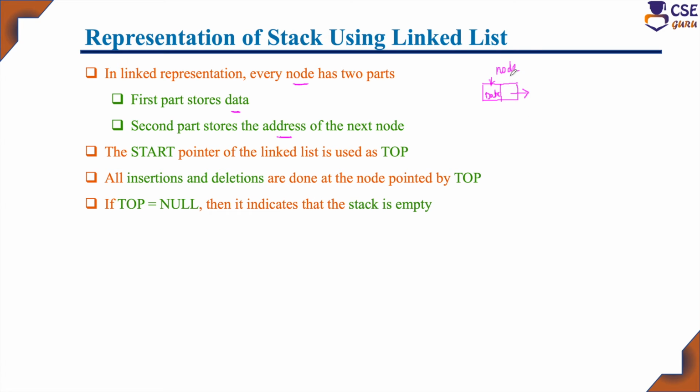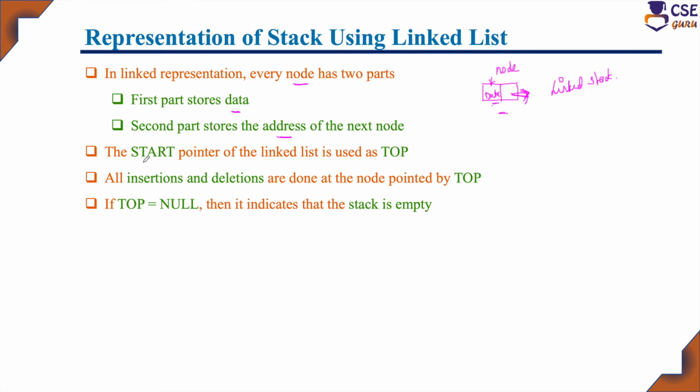Every element in the stack will have this node structure. Whenever we push an element into the stack, this node structure is automatically created, the data is placed here, and it is linked to the address of the next element. So this is nothing but linked list representation, otherwise called linked stack representation, or simply linked representation of the stack.